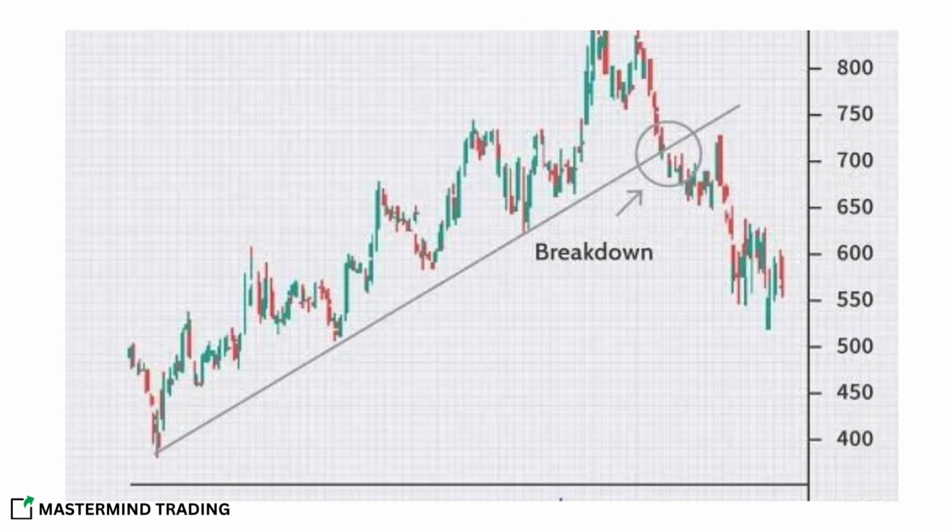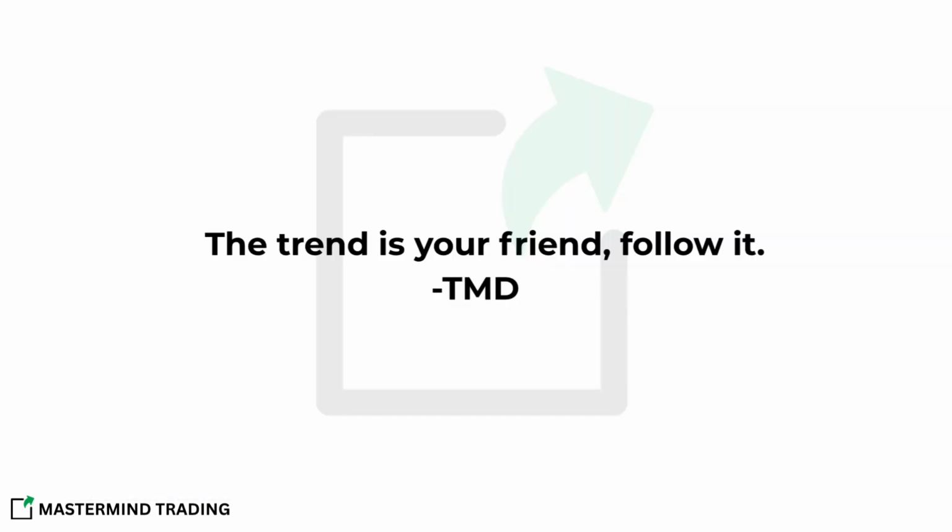Now a trader who trades trend lines and breakouts would be looking to sell instead of to buy. The same is applicable in a downtrending market where prices break to the upside. Now, such breakout traders will be looking to buy instead of to sell.